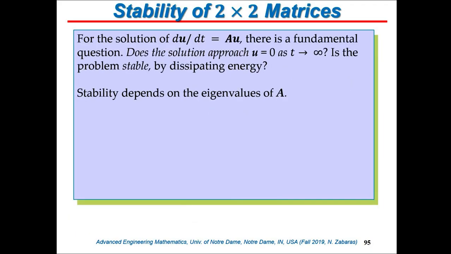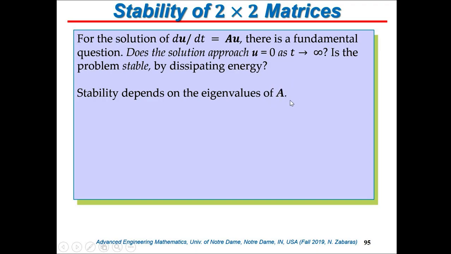Okay, so we solve the system of equations. We discuss the asymptotic behavior of the solution. For example, we asked, does the solution approach 0 when t goes to infinity? In that case, obviously, the system is dissipating energy and the solution dies out.